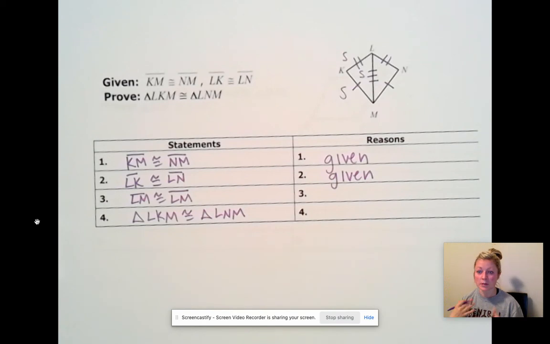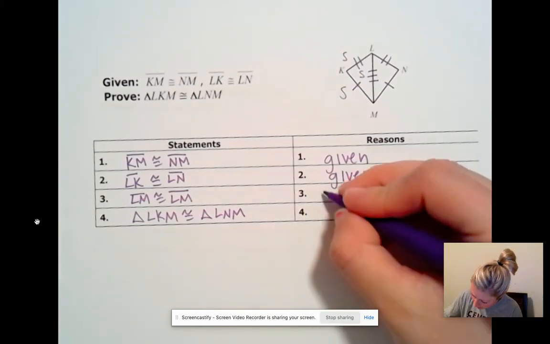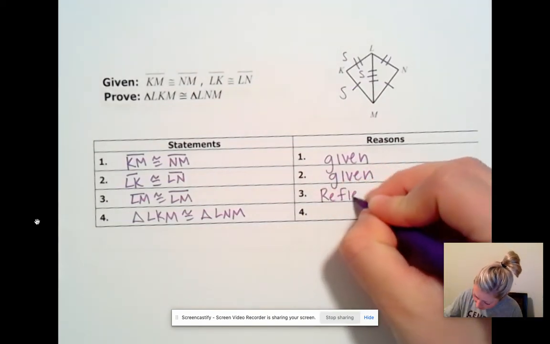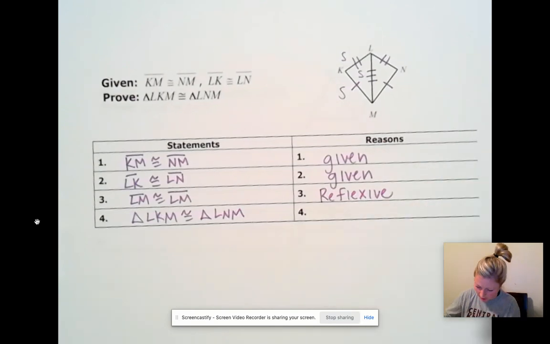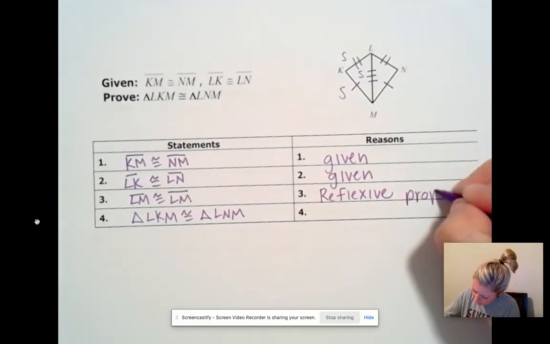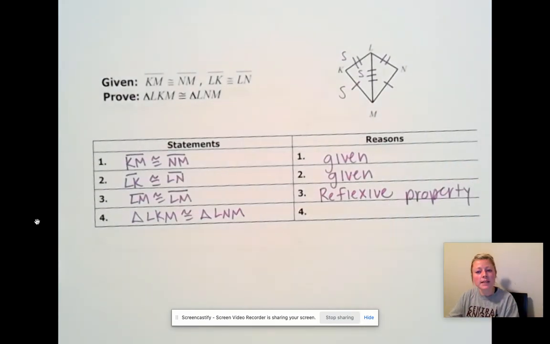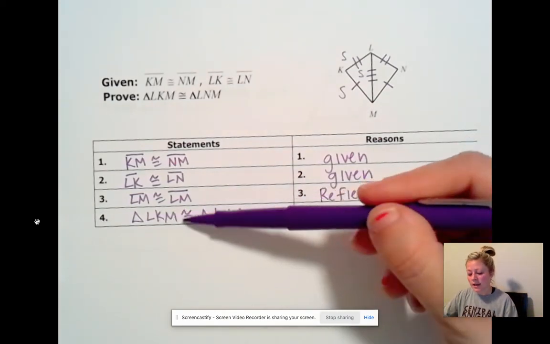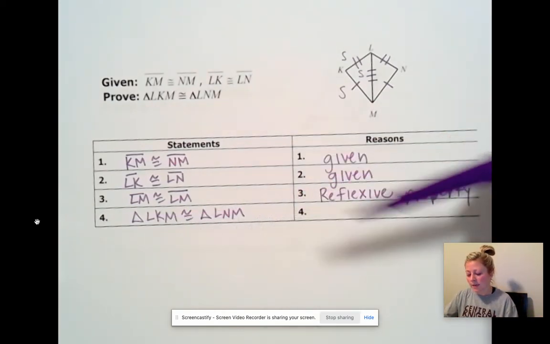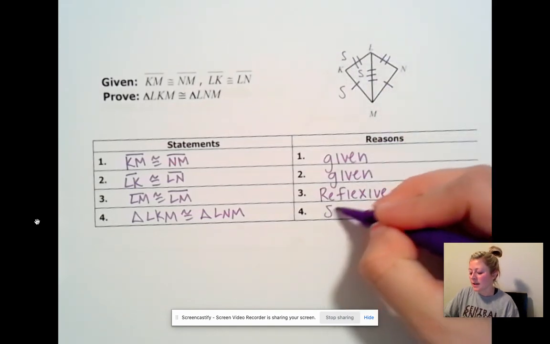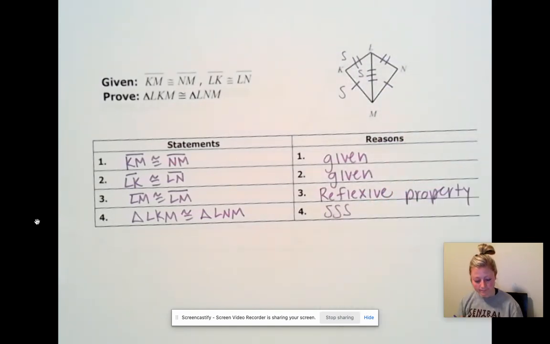It looks like a reflection, but it's the reflexive property here. That's going to be one of your guys' favorite new properties. The reflexive property. So now, why is triangle LKM congruent to triangle LNM? Well, by the side, side, side congruence.